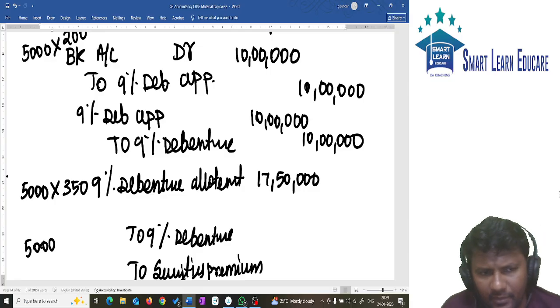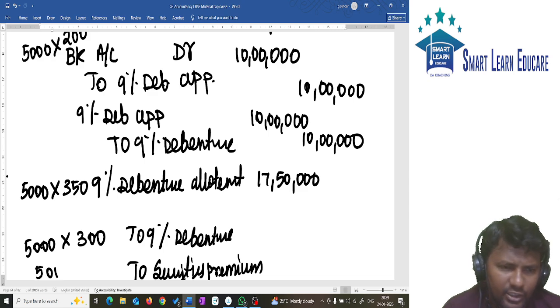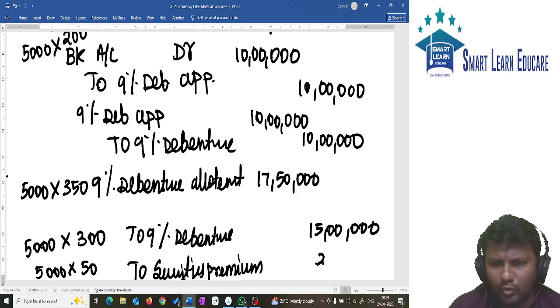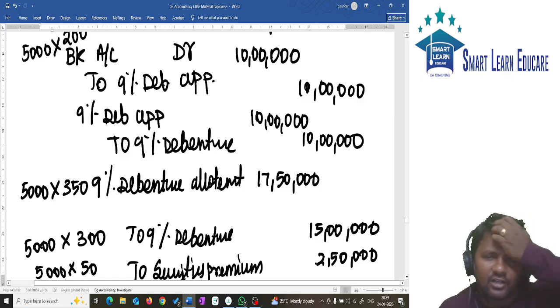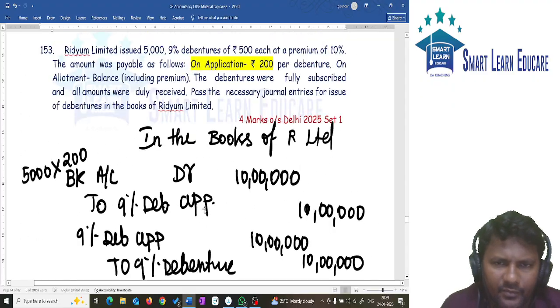Now, the premium is 50 rupees, so without premium it is 300. Premium amount is 5,000 into 50, which is 2 lakhs 50,000. 5,000 into 300 gives 15 lakh. So the entry is debentures allotment account debit to 9% debentures, to securities premium.